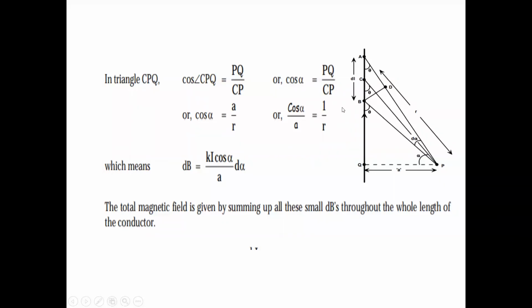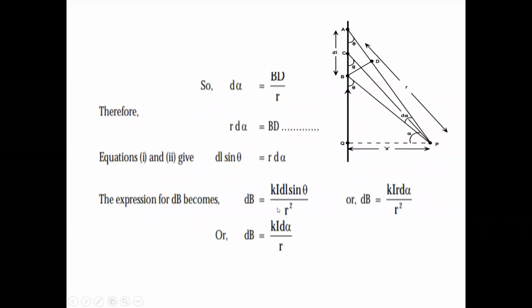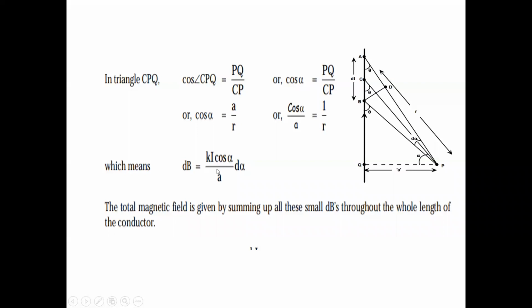QP value is A, CP value is R. Now cross multiply: cos alpha by A is equal to 1 by R. So simply replace 1 by R by cos alpha by A.